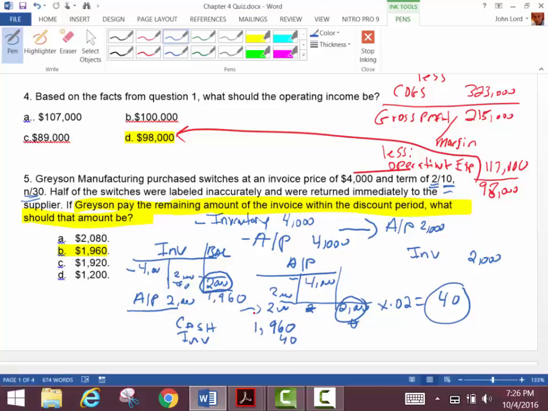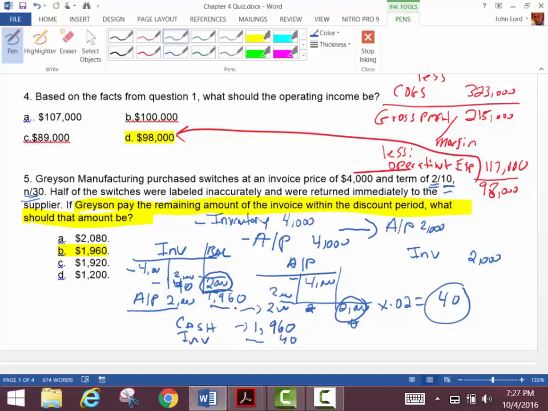Right? But I'm only going to send him 1,960 because that was the agreement. I could pay him 40 bucks less as I paid him within the discount period. So I credit the cash for the 1,960. I have to credit something. I credit my inventory, which had a balance of 2,000, and I credited it there for 40. That brought it down to 1,960. And my only point was that the amount of the inventory I'm showing is exactly what I paid for it, right?